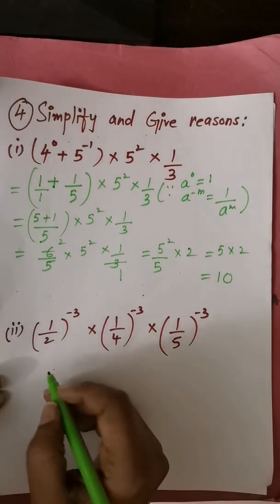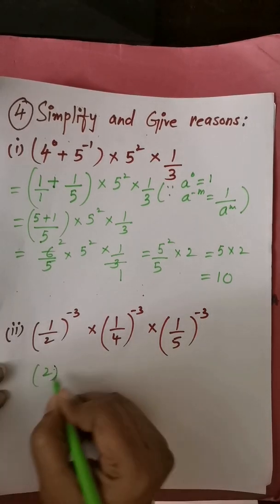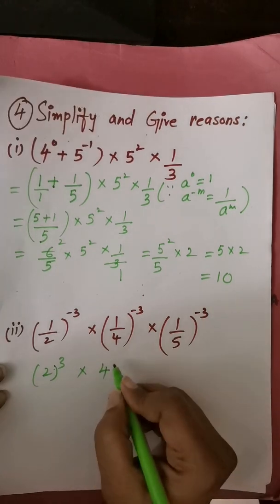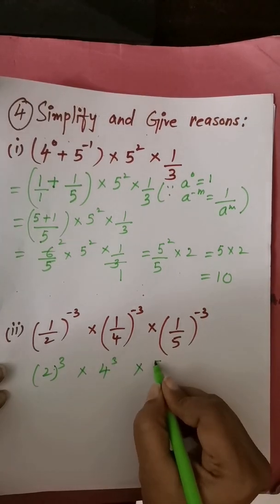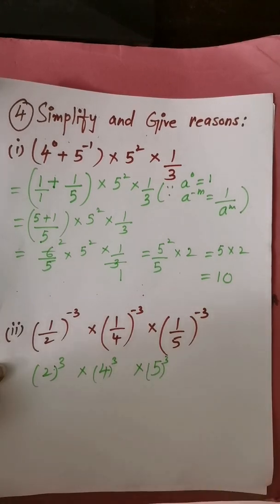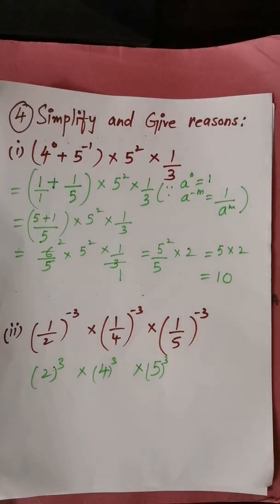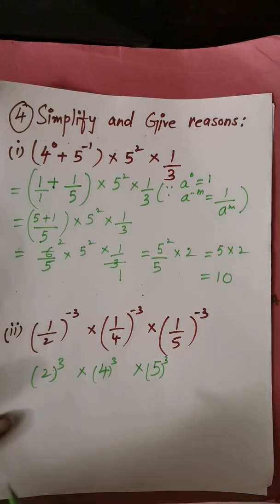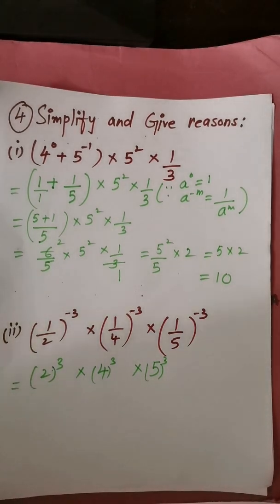So it will become 2 to the power of 3 into 4 to the power of 3 into 5 to the power of 3. Now here bases are different, exponents are same. So what you will do, you will multiply the bases and write the common power as 3.